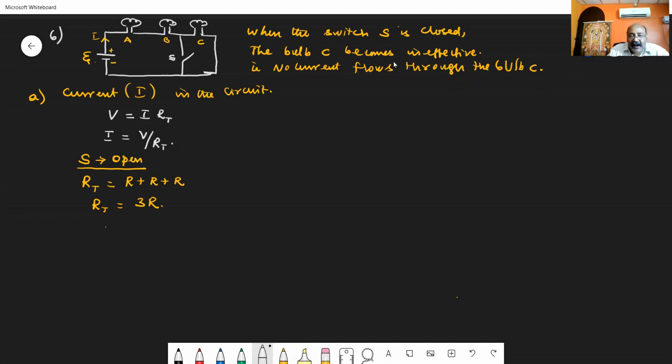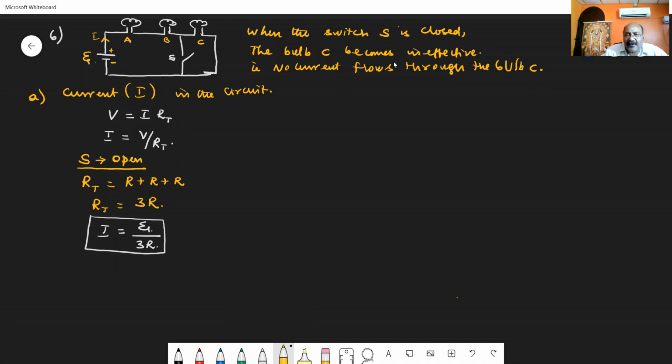The value of current I is equal to voltage by total resistance. Voltage is the EMF connected, divided by the total resistance 3R. So the current in this circuit when the switch S is open is I equal to E by 3R. Since all the three bulbs are in series, current is constant.